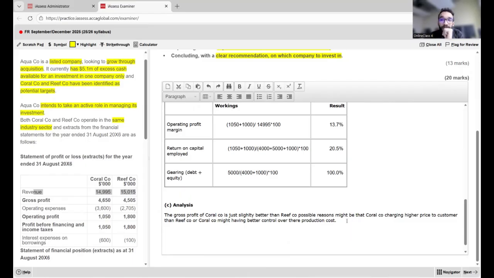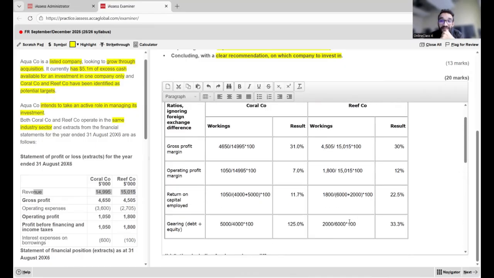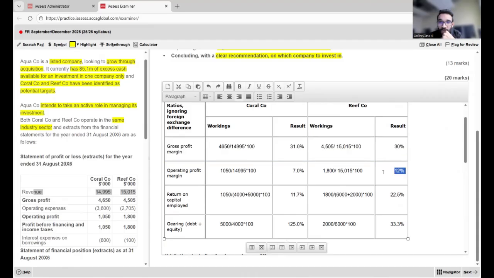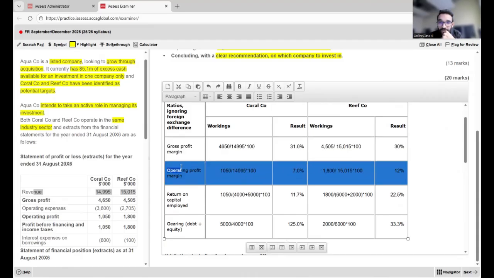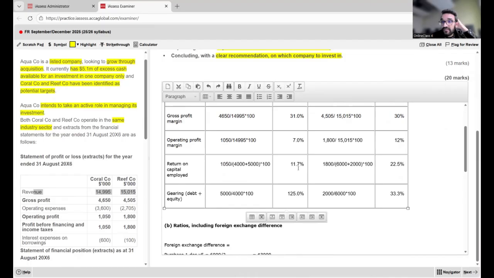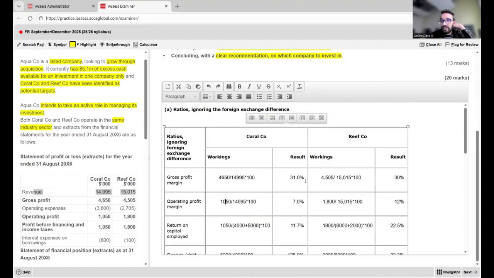Okay, now talk about the operating profit margin. It is very surprising to see that their gross profit was better, but their operating profit, Reefco is having a better operating profit. It's 12% and they are having an operating profit of 7%. And this is before adjusting the calculations of exchange gain, right?